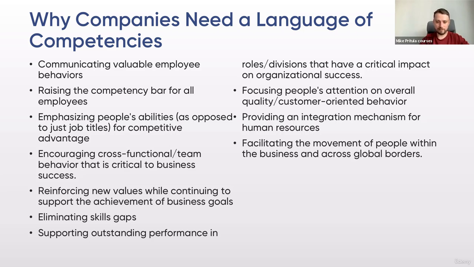Closing the skills gap, supporting superior performance in roles that have a critical impact on organizations, focusing people's attention on the overall quality of consumer-oriented behavior, and facilitating the movement of people within businesses and across global borders. These are the main areas where we can use the language of competence.